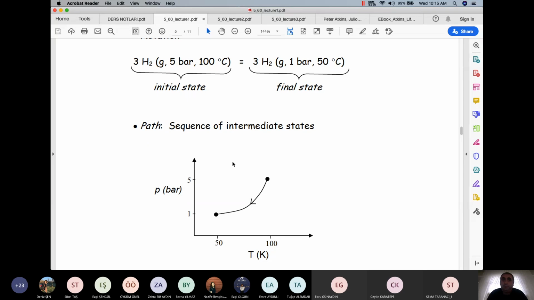So for example, on a pressure temperature scale, if you started with 5 bar and 100 Kelvin, and you end up with 1 bar and 50 Kelvin, of course the volume is accordingly changing, and you can easily calculate from this.